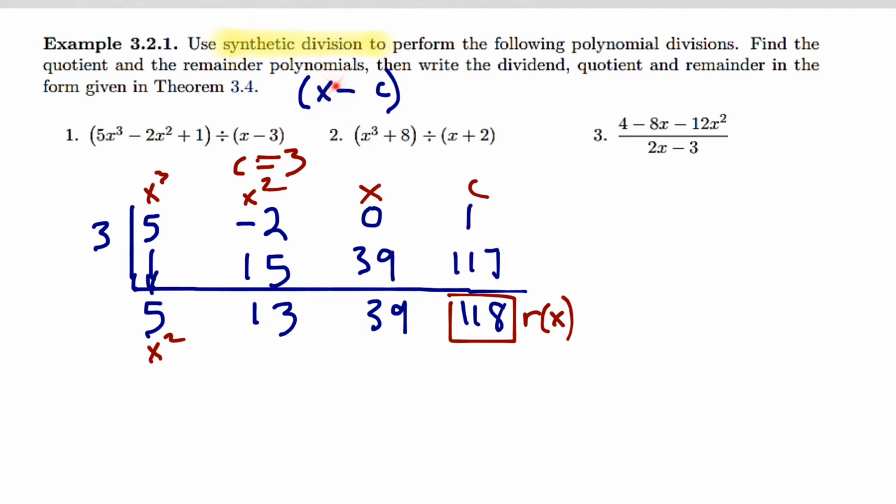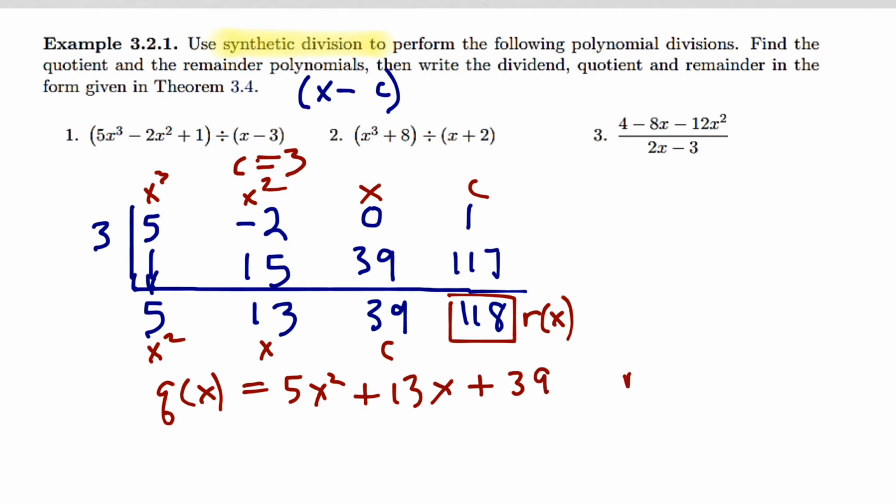If I'm dividing by a first power divisor right here, the degree of your quotient is always going to be 1 degree less than the degree of your dividend polynomial. So that means x squared, then this would be your x, and this would be your constant. So my q of x, which is what I was looking for, is 5x squared plus 13x plus 39. My r of x is equal to that 118.